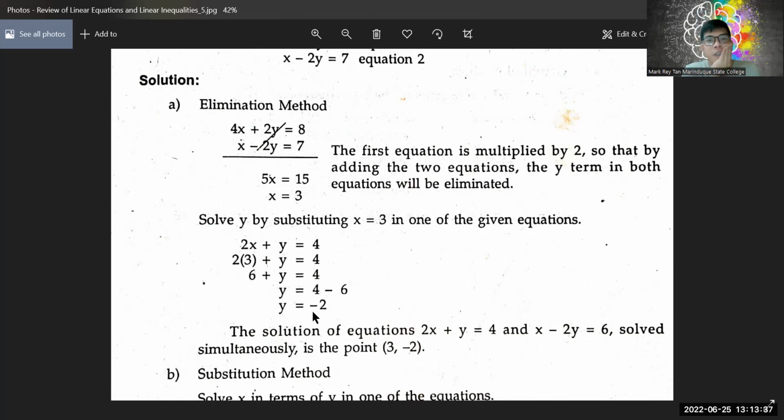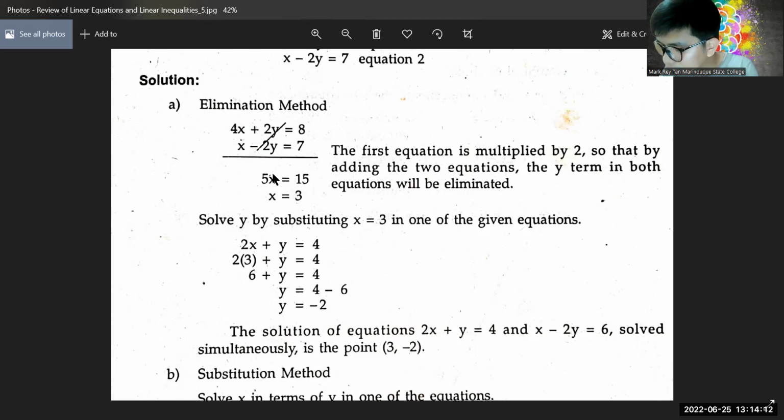Now I would like to show that we can solve using the other equation too. Let me solve it. Let's use x minus 2y equals 7. Substitute the value of x as 3.